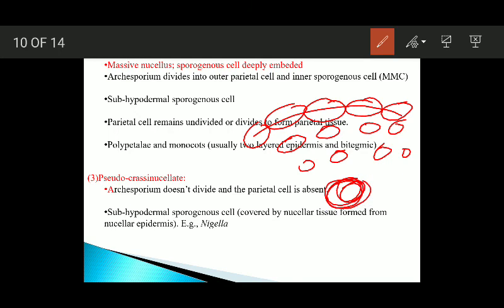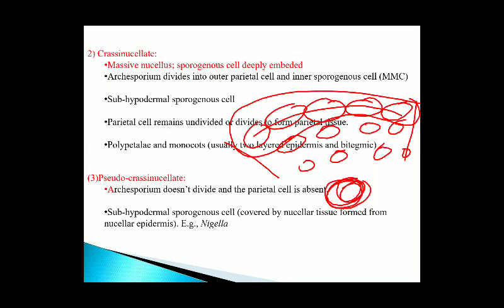That is why this condition is known as the pseudo-crassinucellate condition. It is not a true crassinucellate condition. Here the additional layers of nucellus are formed by the division of the epidermal nucellar layer. They do not arise by the division of the parietal cell, as in crassinucellate ovules.